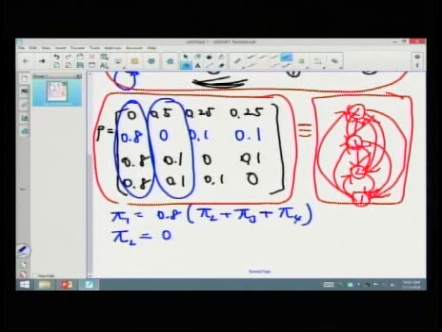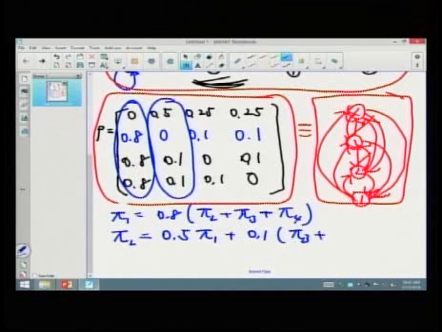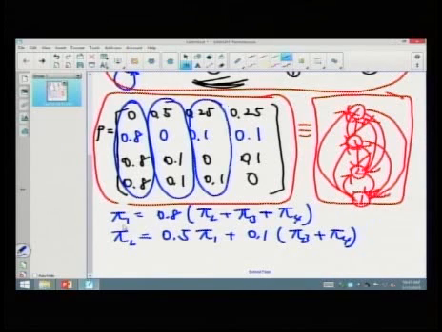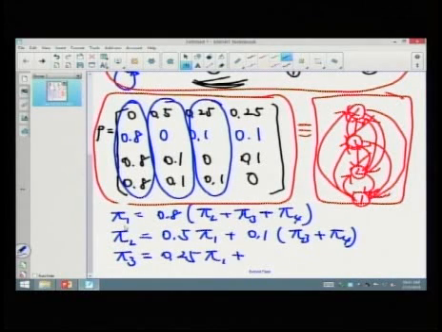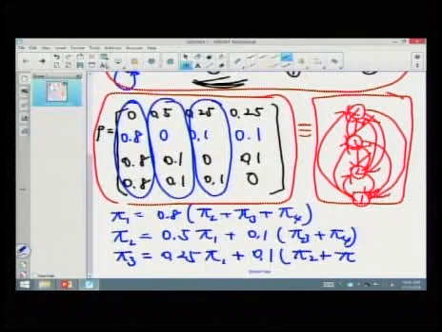So it's 0.5 pi 1 plus 0.1 pi 3 and pi 4. And then pi 3 should be pi times the third column of this P matrix, which is 0.25 pi 1, 0.1 pi 2 and pi 4, right?